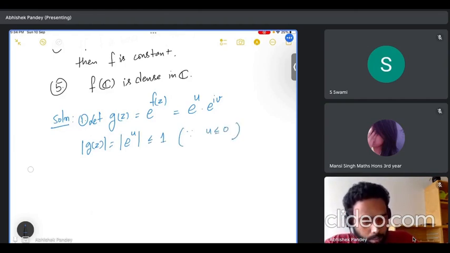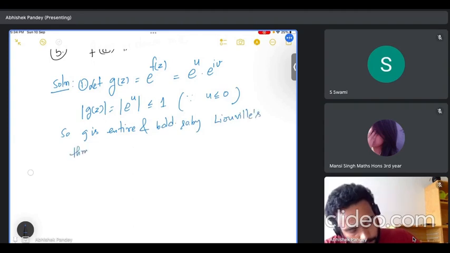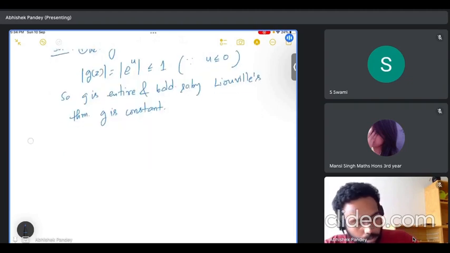Is it clear? So g is entire and bounded. So by Liouville's theorem, g is constant. Okay, so g is constant means that g'(z) is equal to 0.